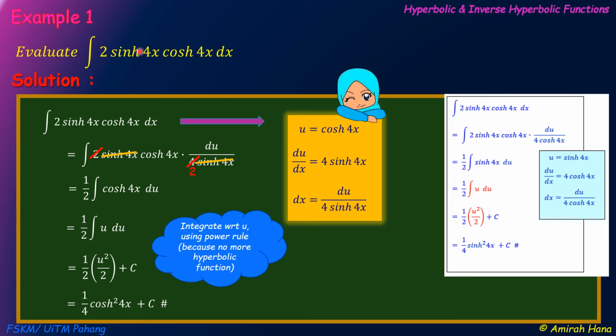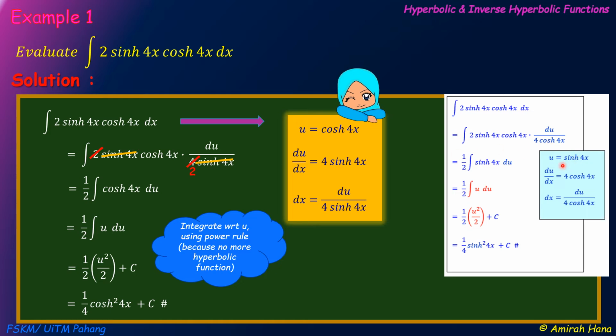And then for the same question, we also can choose u equals sin 4x. Just now, we chose u equals cos 4x. Now we also can use u equals sin 4x. Why? Because if we choose u equals cos 4x, we can simplify sin 4x here.